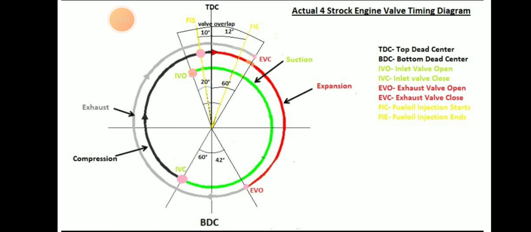Then the expansion stroke will happen. Then the exhaust valve will open 42 degrees before BDC, and the exhaust stroke will start and continue. Then the exhaust valve will close 60 degrees after the TDC. This is the actual valve timing diagram of a 4-stroke engine.